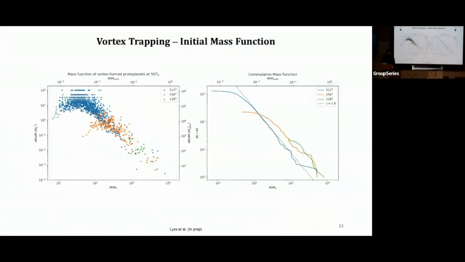Yeah. So as I said, I was surprised about how big the masses here are. Streaming instability is forming objects in the calculations that range between 10 to the minus 6 times the mass of the Earth, so it's about 0.1 Ceres mass, to a few times Ceres mass.